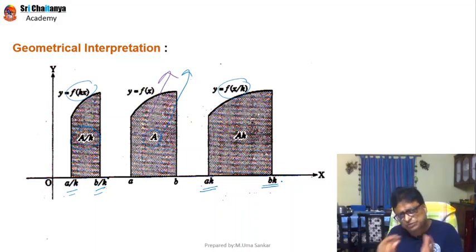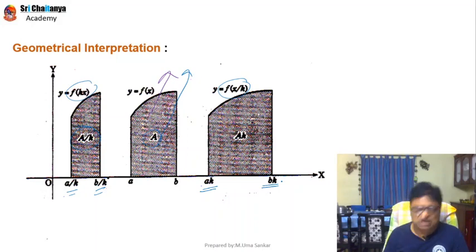So, at least you imagine why it is called contraction and what is the relation between their areas. So, it becomes very simple. If the original area is A, then the shrunk or expanded areas of the f of x by k curve and the f of kx curve, we can imagine or write like this. So, this is another important property.